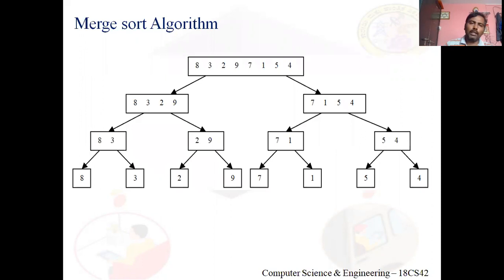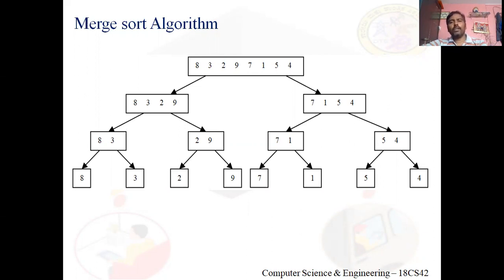So now at the second level, we got two instances, two subproblems, each with 4 elements. Means these two subproblems are large instances, so I should divide them again into two subproblems.